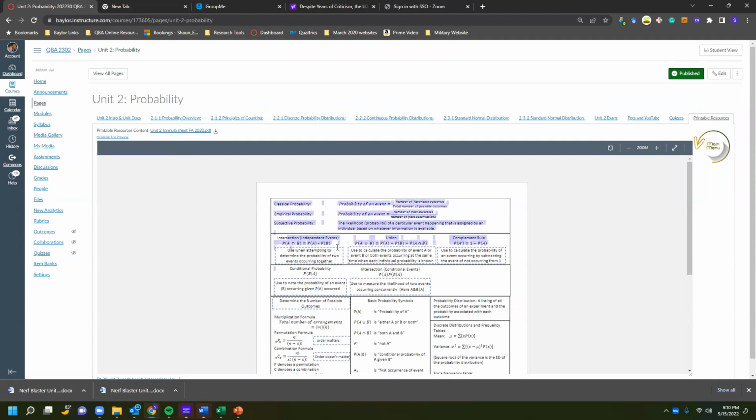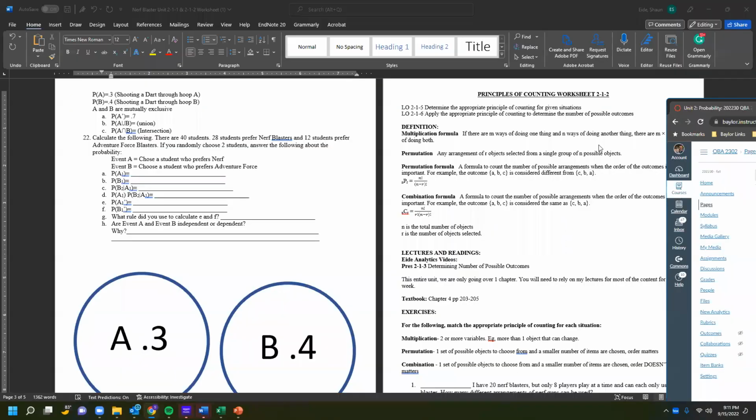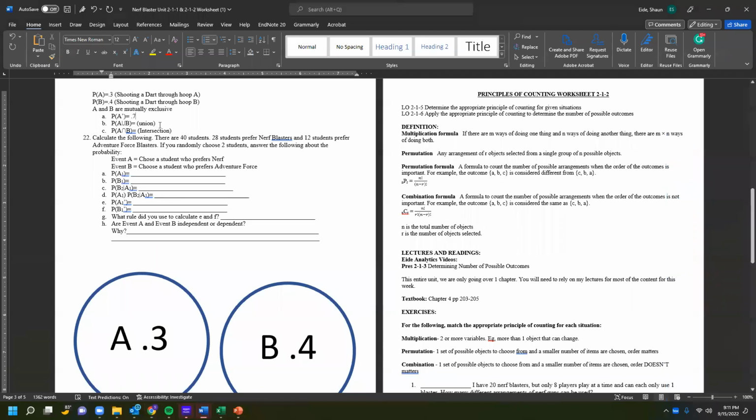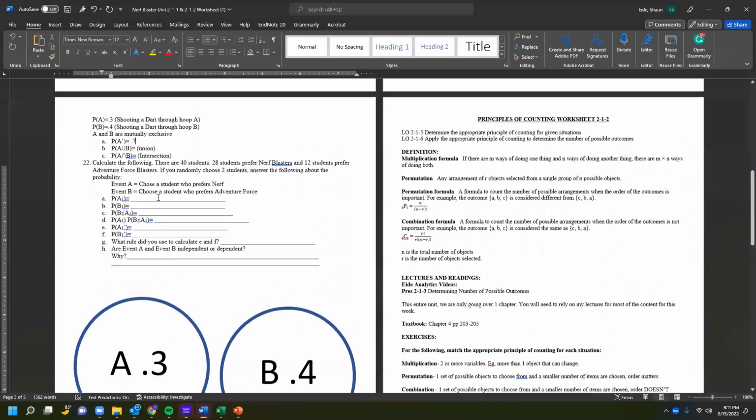Okay, we've got intersection, we've got unions, and we've got the complement rule. That's what we just did, the complement rule right there. But we've got the intersection and the union right here. The union is going to say the probability of A or B is going to be the probability of A plus the probability of B minus the probability of A and B. Well, first of all, because they're mutually exclusive, they can't happen at the same time.